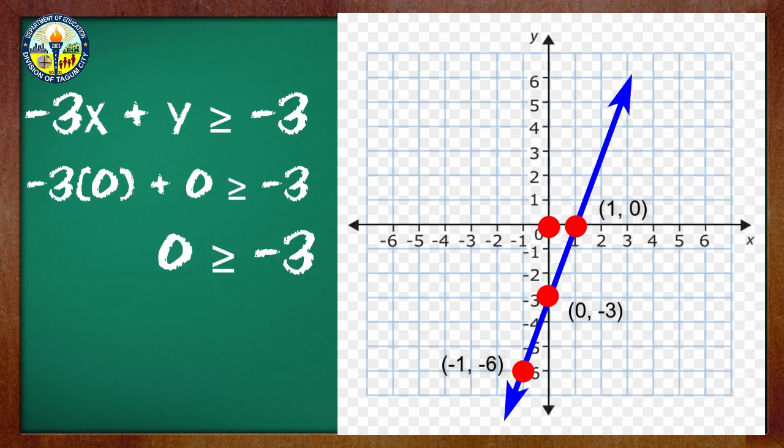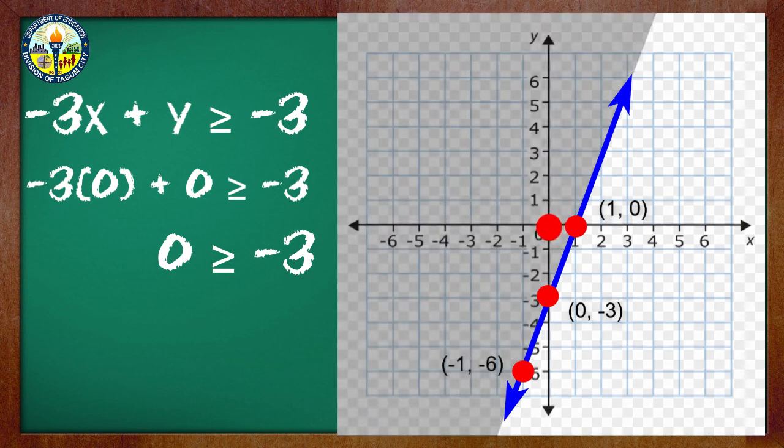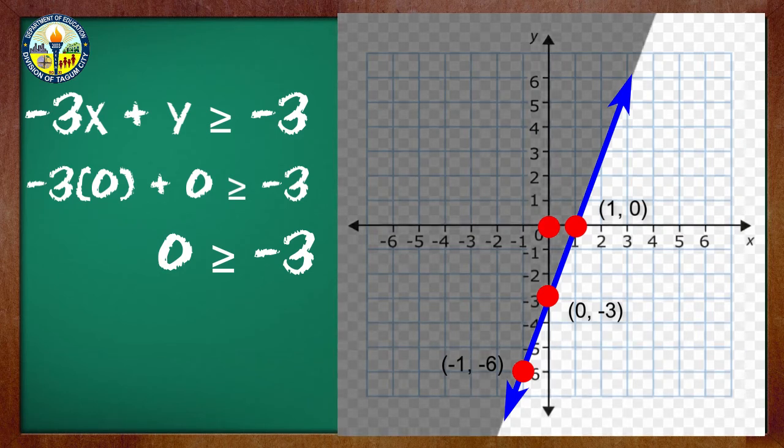Since the statement is true, and the 0, 0 is a point above the line, therefore, we shade the half plane above the line to mean that the solution of the inequality is found there.